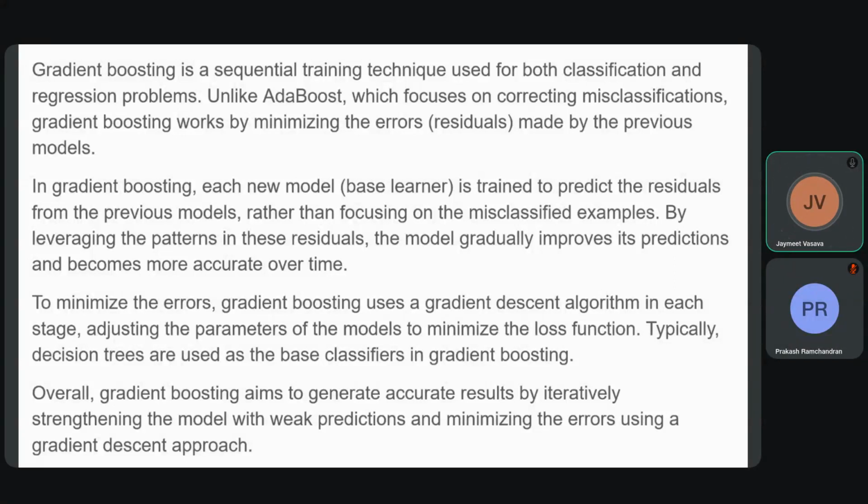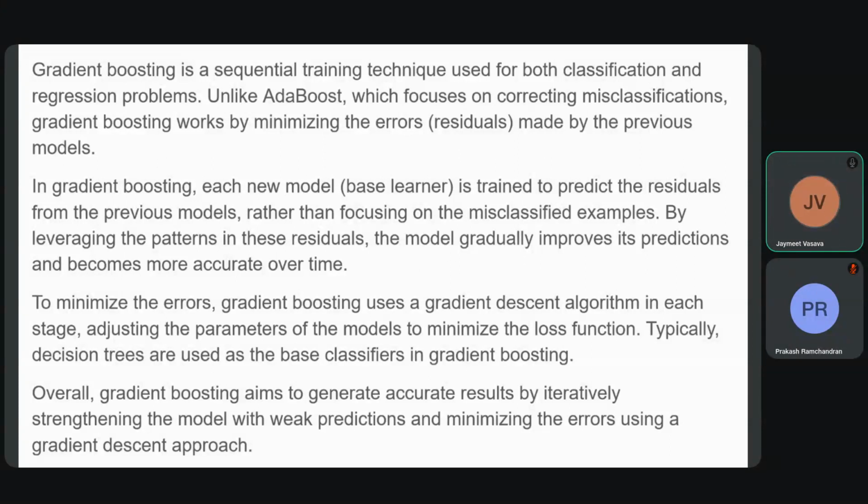Unlike adaptive boosting, it focuses more on minimizing the errors. Each new model is trained to predict the residuals from the previous models rather than focusing on the misclassified examples. To minimize the error, gradient boosting uses a gradient descent algorithm. In each stage, it adjusts the parameters of the models to minimize the loss function.